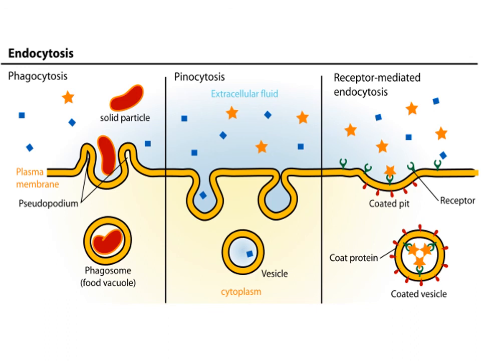Pinocytosis, same idea, but sort of a smaller version of that in terms of what it's bringing in. But again, it starts pinching off around the thing it's trying to bring in. The vesicle pinches off, and then we have this vesicle that can then move to wherever it needs to be in the cell. Receptor-mediated endocytosis is the same process, but it's actually detecting the molecules using specific receptors on there.